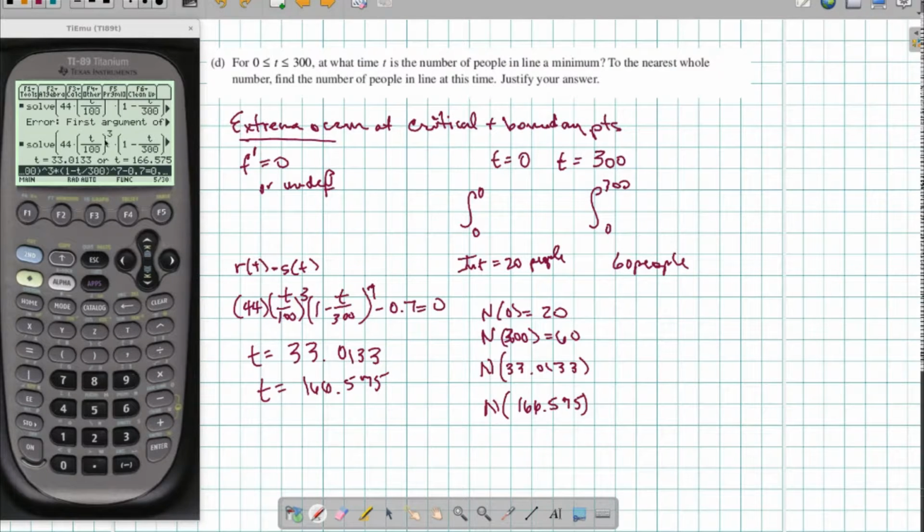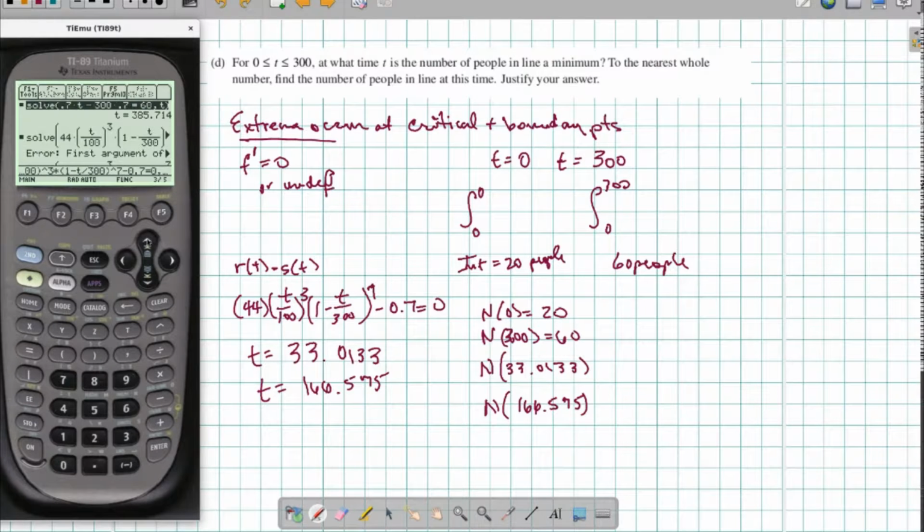And that means I need to evaluate these integrals again. So let me see if I can go up to the integral that I had up here and just change the limit, because in this case I only want to go up to 33.0133.